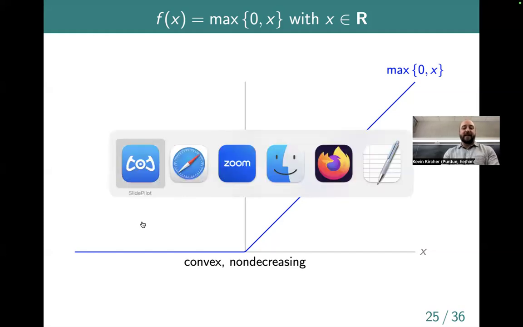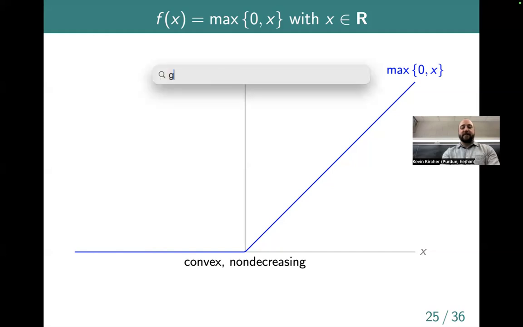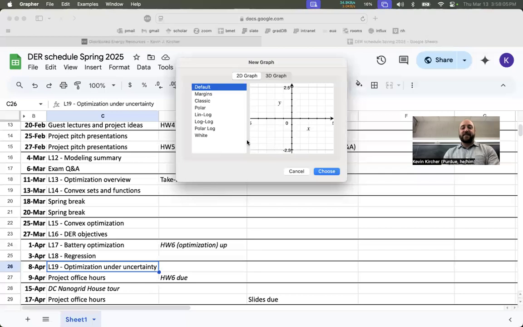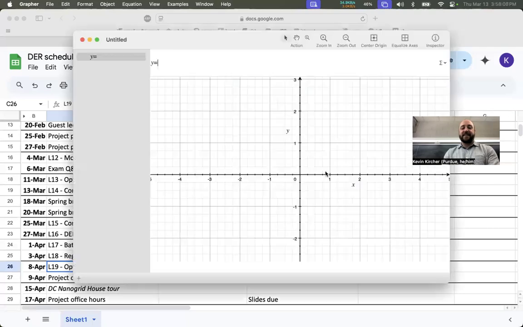Should we do it? I think there's a Mac app called Grapher. Someone has a graphing calculator. All right, great, go. Maybe not 47. How about max of 0 and x to the third power? Okay, yeah, all good. Still convex. Although I think if you programmed it in CVX, it might give you an error.